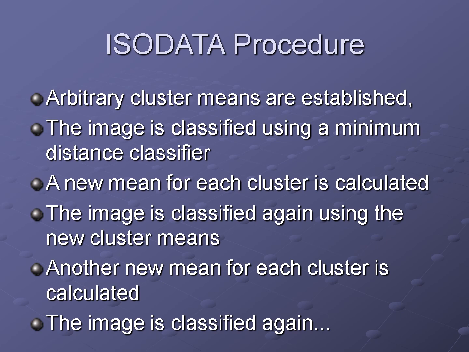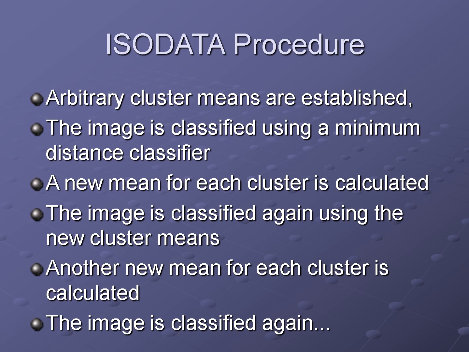ISODATA is widely used in image classification and segmentation, particularly in remote sensing for analyzing satellite and aerial imagery. It has the advantage of being able to handle large data sets and produce accurate and consistent results with minimal user input.